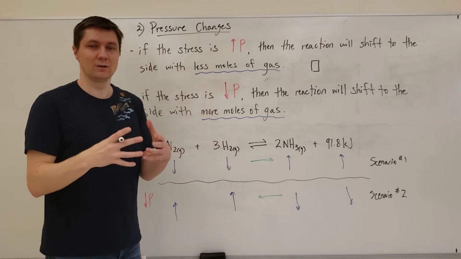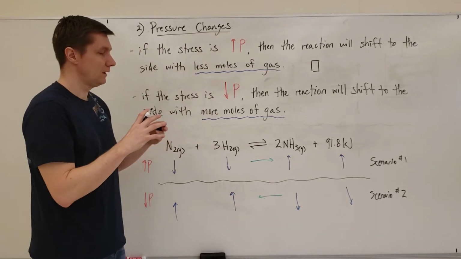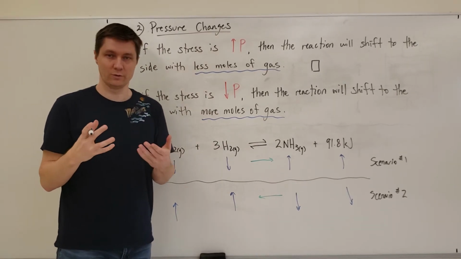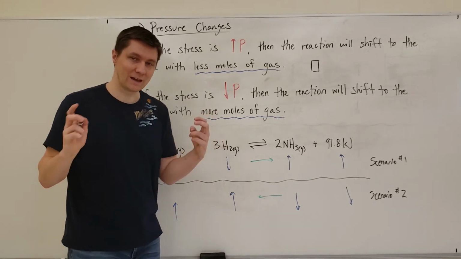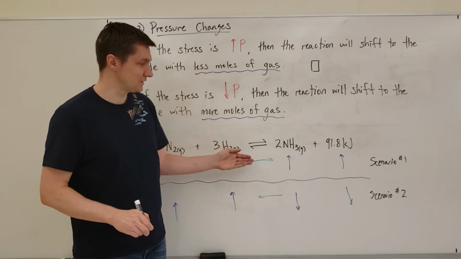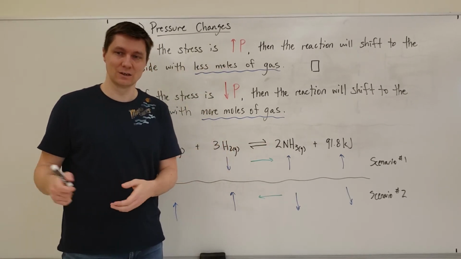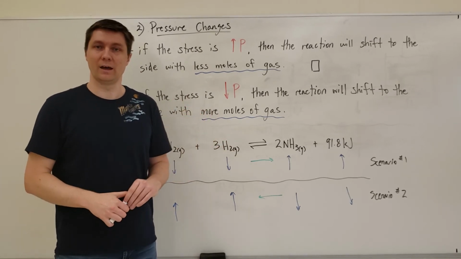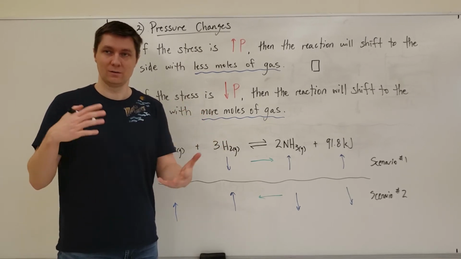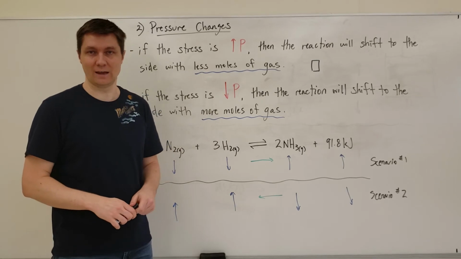And if the container is a lot smaller, then there's less space for the gases to exist. And so to relieve that stress, it's going to shift to the side that has less moles of gas, because if there's less moles of gas in the container, then it's going to help with the pressure change that the equilibrium reaction is experiencing.